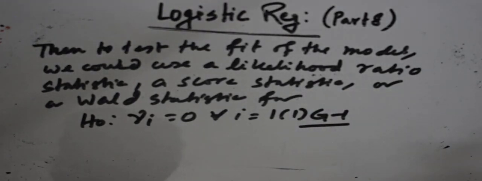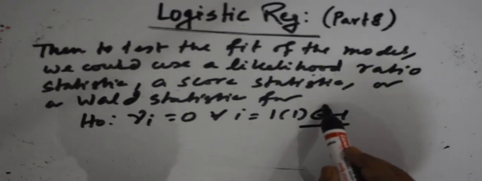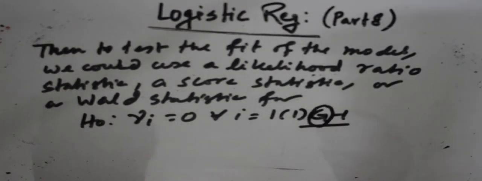Suppose we have G groups, and if we use deciles, then this capital G is equal to 10, so G minus 1 is 9.